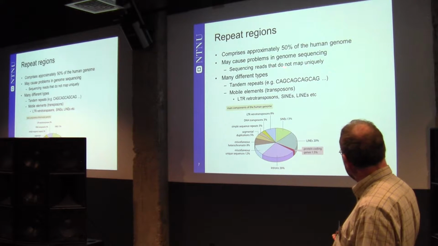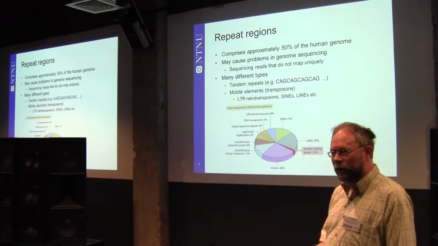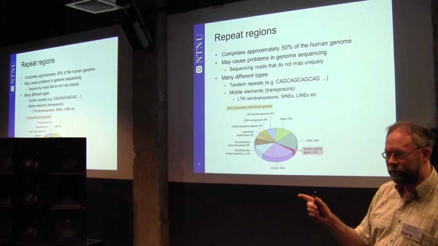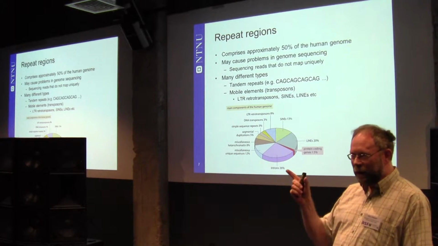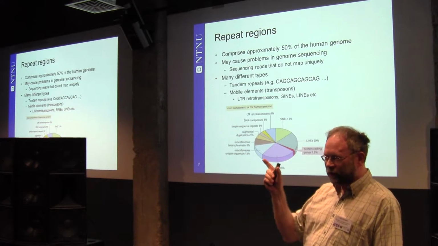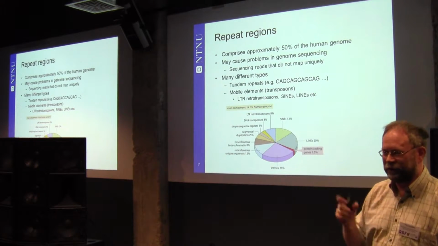And they may actually cause some problems. At least if you are doing sequencing technologies that produce fairly short reads, then uniquely mapping a repeat to its correct position in the genome can be very challenging.